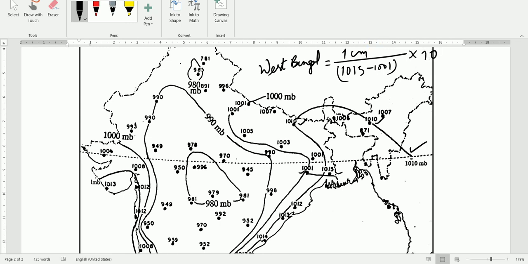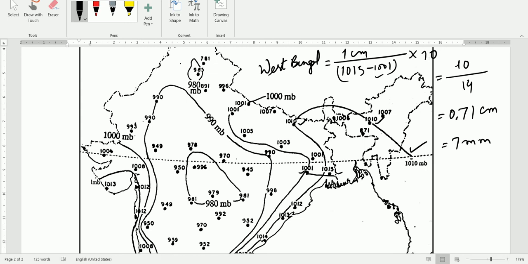So 1 into 10 is 10. Then 1015 minus 1001 gives 14. Then 10 divided by 14 is 0.71 centimeter, that is 7 millimeter.